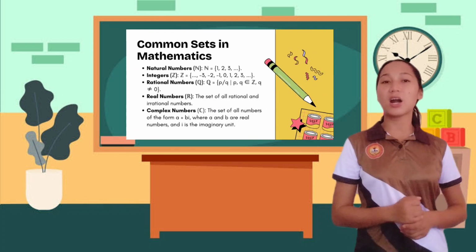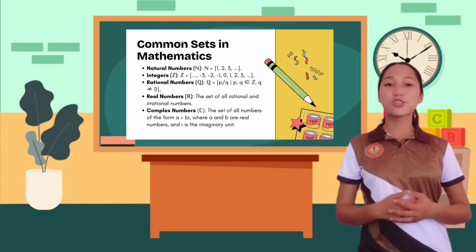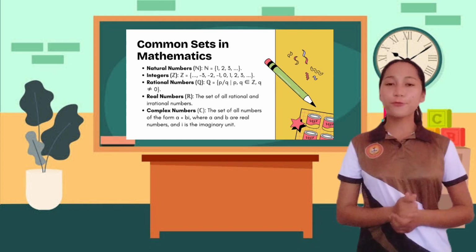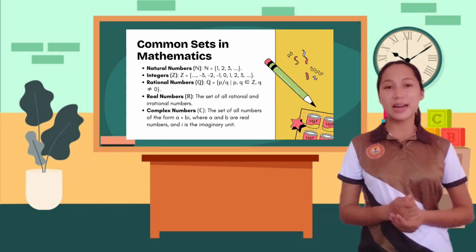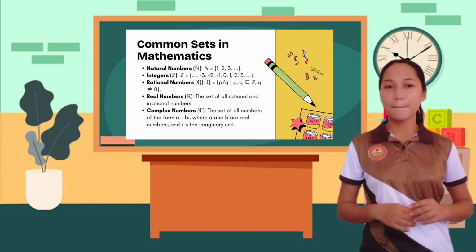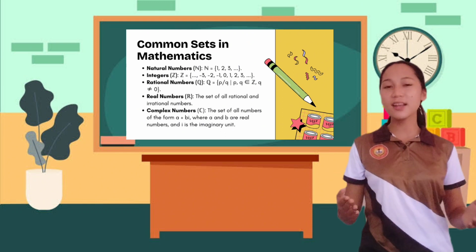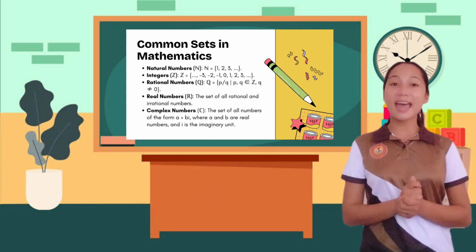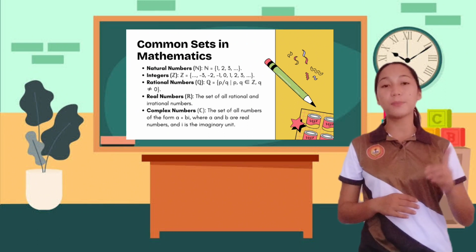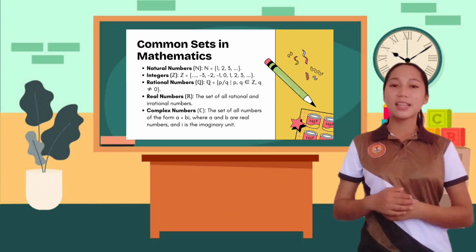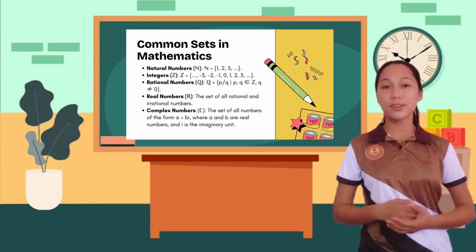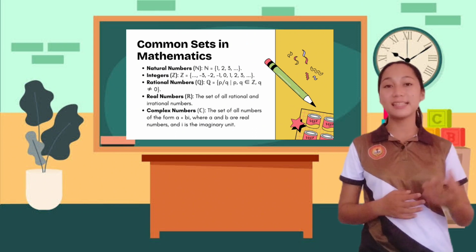Now, to broaden our understanding of sets, let's look at the common sets in mathematics. The first is natural numbers, which can be read as the elements of set N, being the natural numbers 1, 2, 3, and so on. Another common set in mathematics is the set of integers, which includes both positive and negative numbers, including 0.